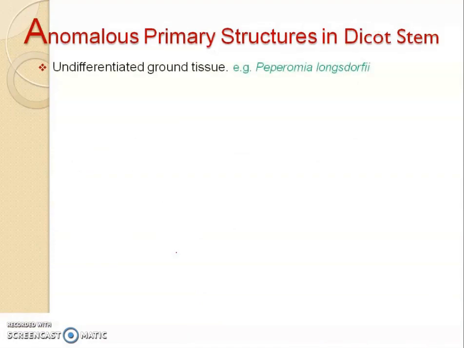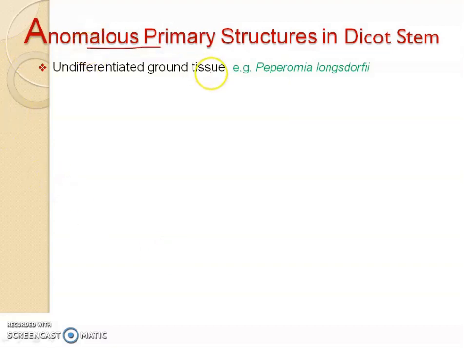Now, anomalous primary structures in dicot stem: some of the members in dicots deviate from these structures, and these abnormal structures are known as anomalous primary structures.